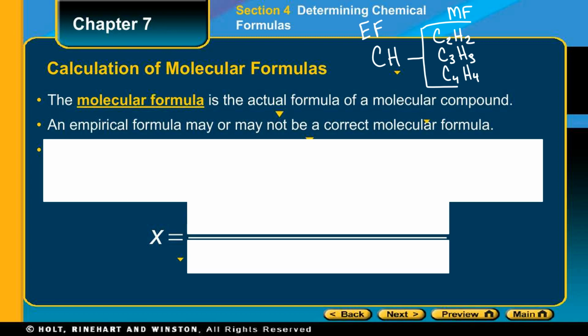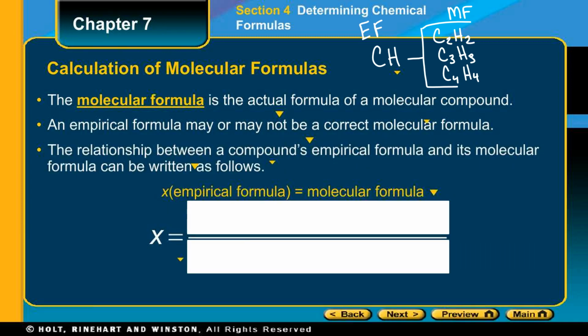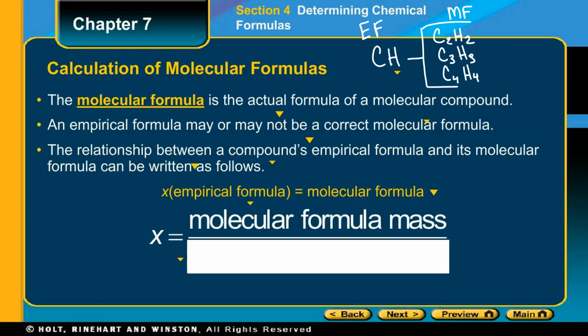So when we look at the relationship between a compound's empirical formula and its molecular formula, we can write it like this: a multiplier times the empirical formula will give us the molecular formula. Basically we're going to multiply the subscripts across by whatever multiplier we get.